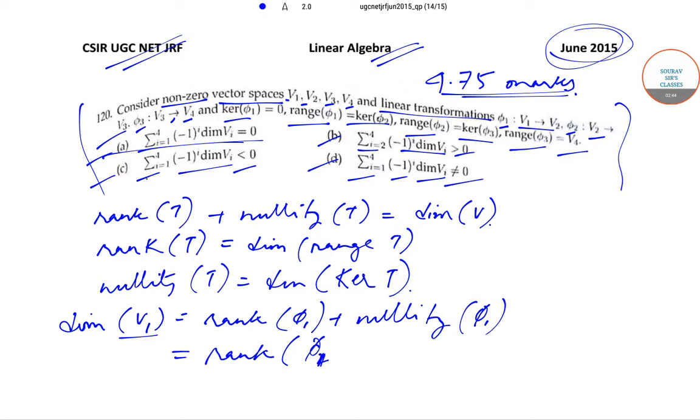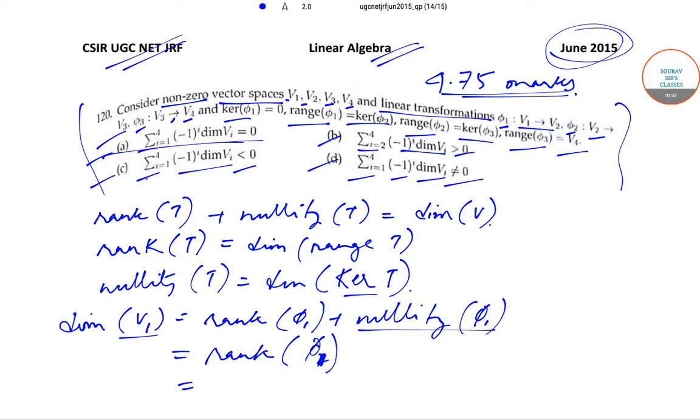Now the nullity of phi1 is nothing but the dimension of kernel of phi1. Now kernel of phi1 is equal to 0, so dimension of 0 is basically equal to 0. So this becomes rank of phi1.